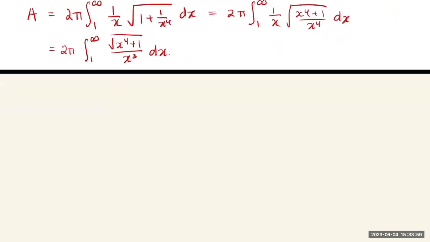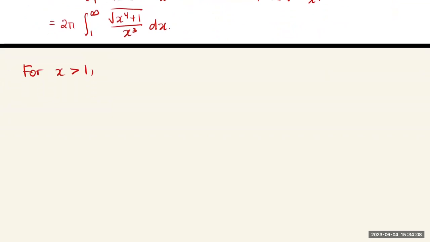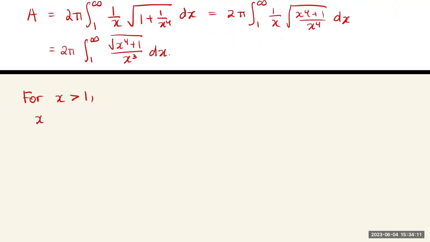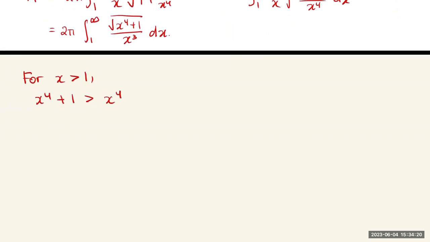Well, for x greater than 1, we know that x to the 4 plus 1 is always going to be greater than x to the 4 here. And if we divide both sides by x cubed, then x to the 4 plus 1 divided by x cubed is greater than x to the 4 divided by x cubed. So that means it's also equal to 1 over x here. Or, let's see.